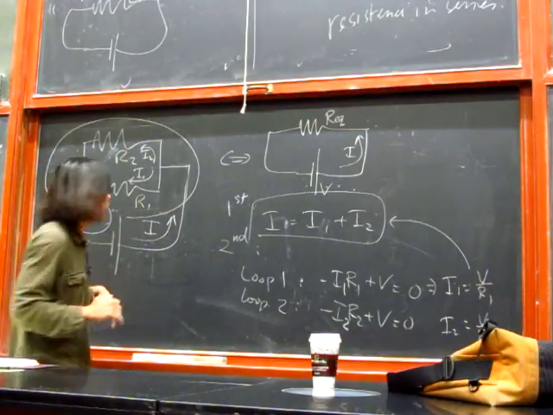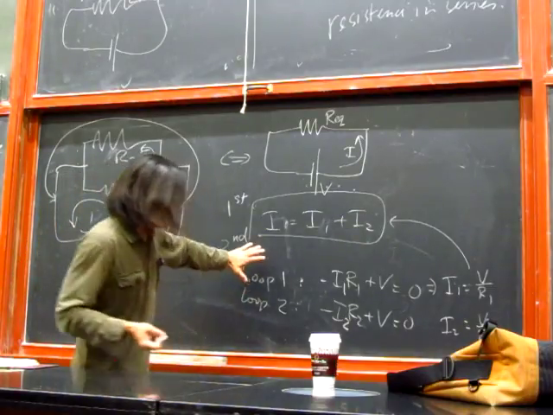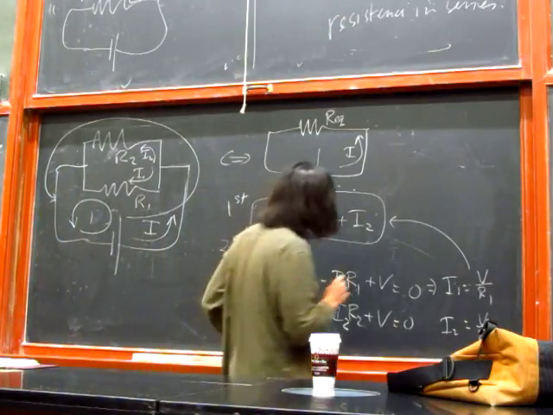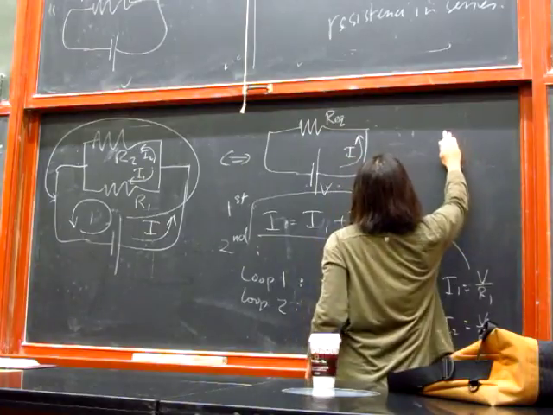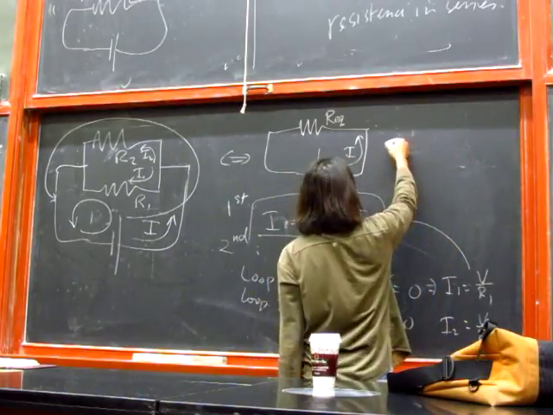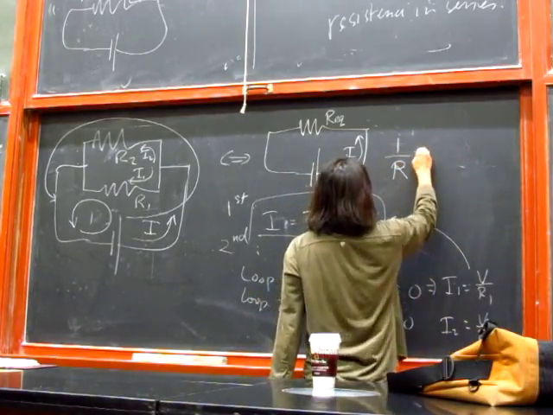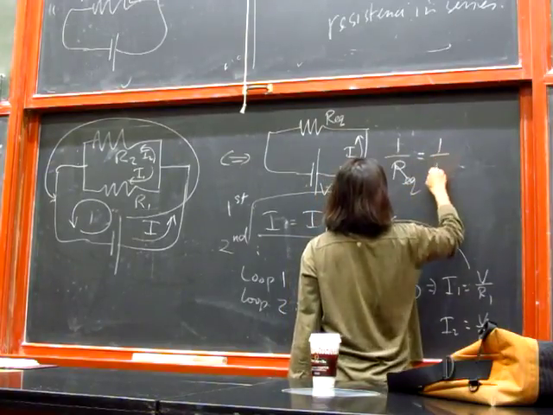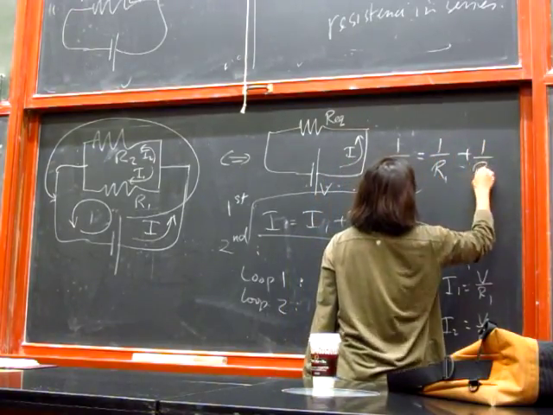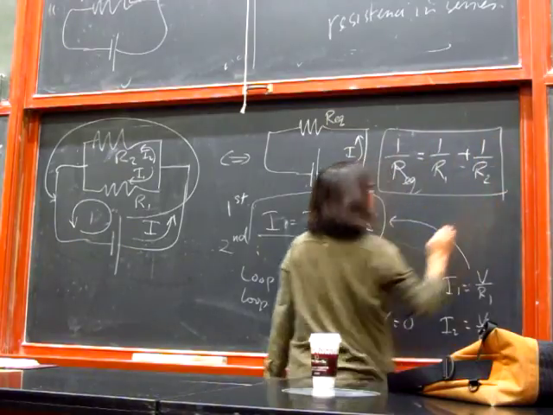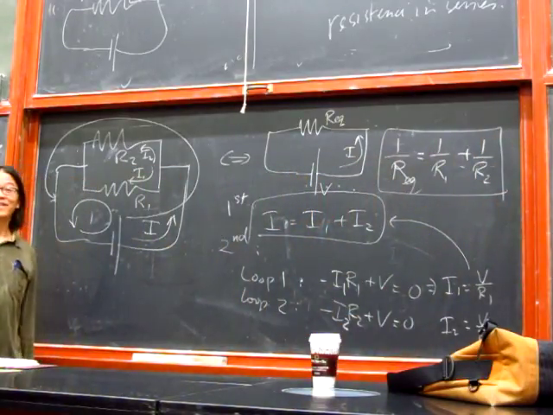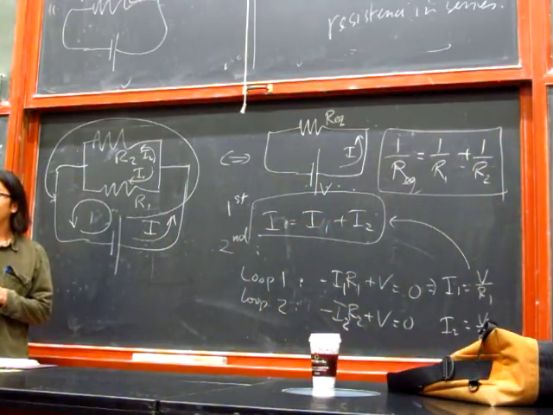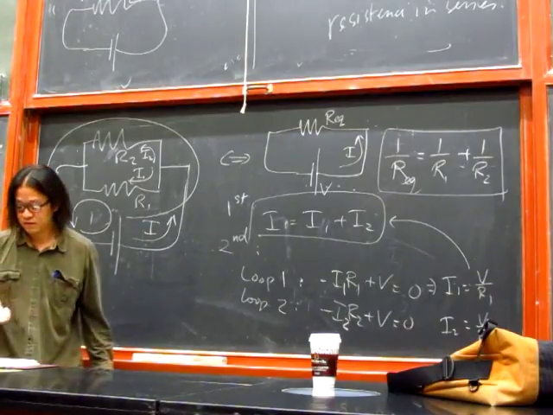But this will be useful when you analyze a more complicated network. For a simple network like this, you can probably do it more simply, but at the end of the day, you get the same answer: 1 over R equivalent is equal to 1 over R1 plus 1 over R2. Okay. Question so far?